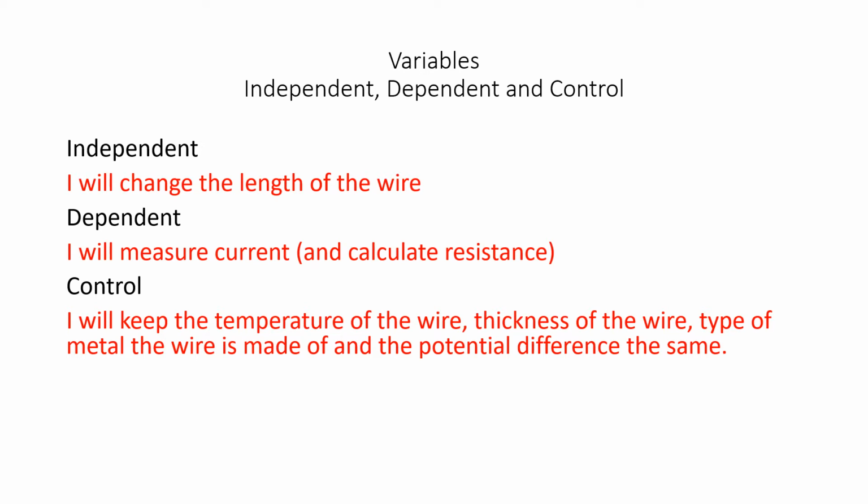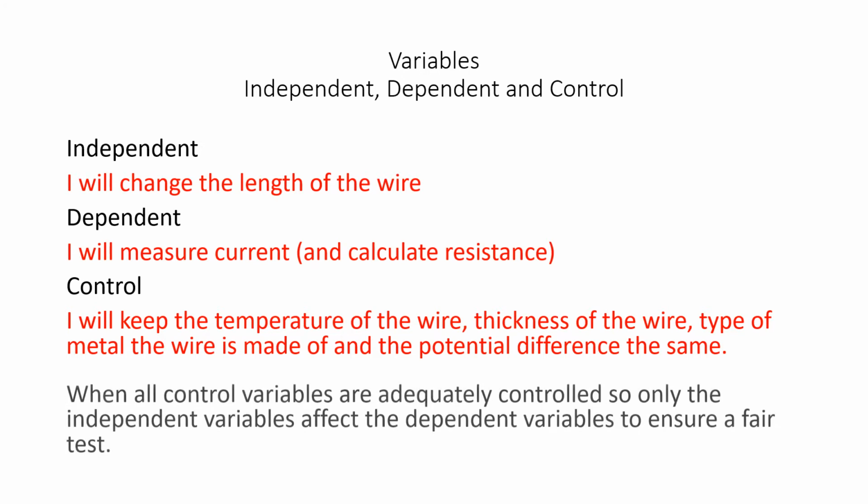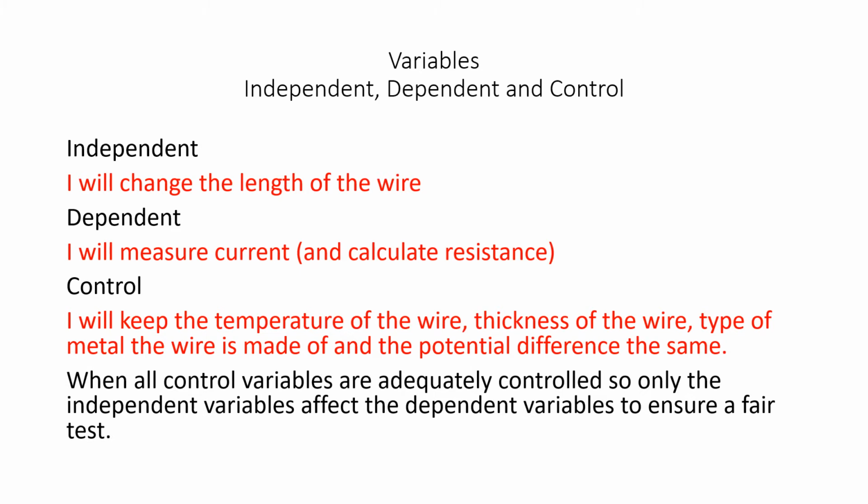If a wire is thicker and it's got a larger diameter, it allows more current to flow. The type of metal, which I've already talked about, and the potential difference need to stay the same. You need to be able to explain each of those variables. When all the control variables are adequately controlled, you're only measuring the change in the independent variable, and that is really important. That means that our results are comparable to each other.